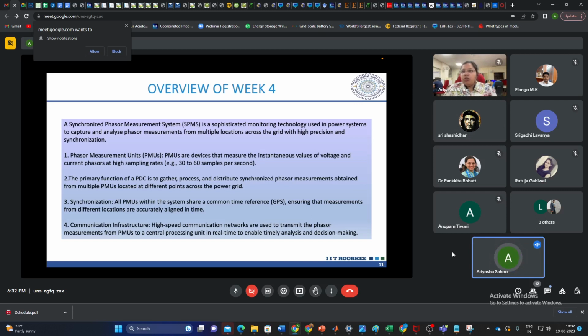These PMUs don't give the voltage and angle at each bus; they give it at some selected locations. So using these measurements, we have to carry out state estimation. That is one of the studies they will do. The state estimation study will then give the voltage magnitude and angle at each and every bus of the system. So firstly, we get the voltage magnitude and angle.